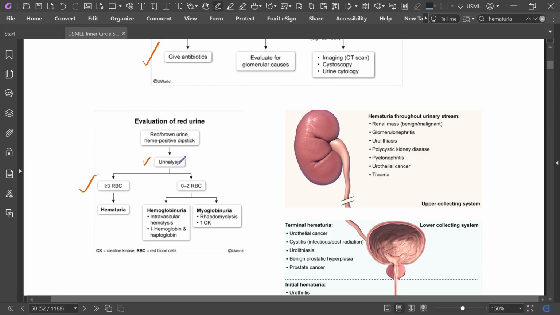If 0 to 2 RBC, it may be hemoglobinuria or myoglobinuria. In myoglobinuria, rhabdomyolysis increases creatine kinase, and in hemoglobinuria, there may be intravascular hemolysis with decreased hemoglobin and haptoglobin.